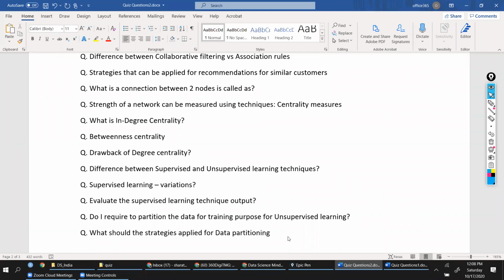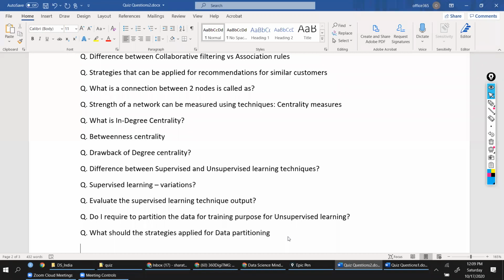One key strategy that we need to remember is the training data should be, at minimum, equal to the size of test data. Training data should be large. That is the key point that we need to remember.